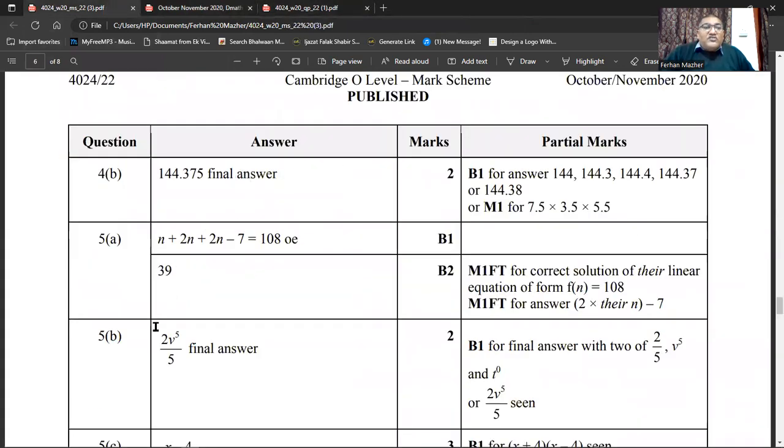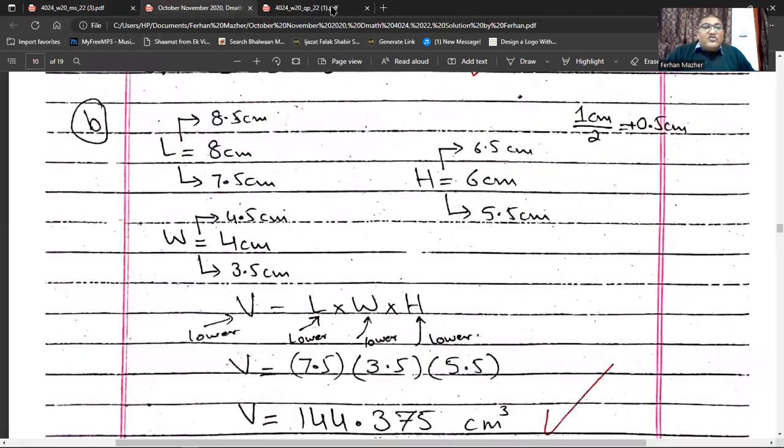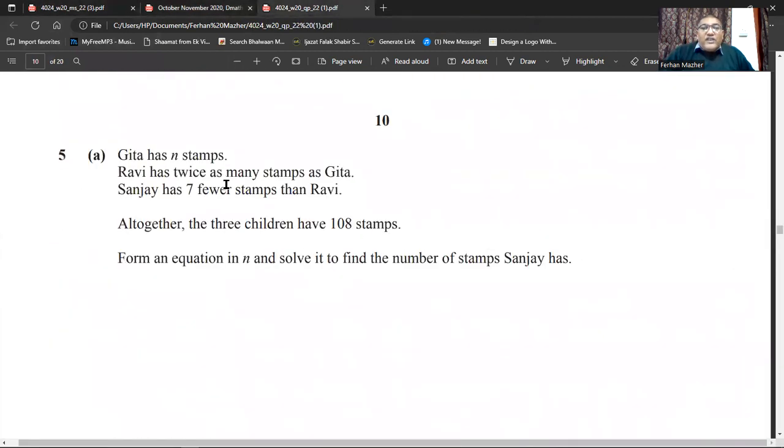Now we are going to the next question, and the next question is coming up on your screen. That is question number 5, and it's A part. It says Gita has n stamps. Ravi has twice as many stamps as Geeta. So Ravi will have 2n stamps.